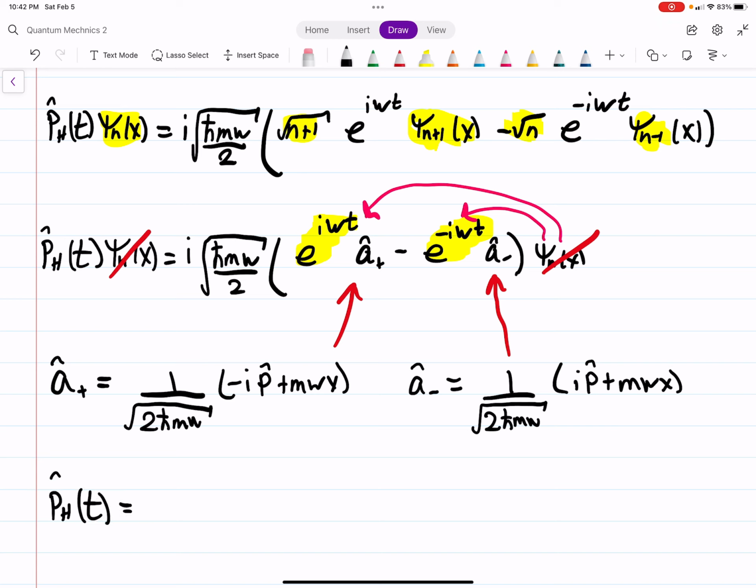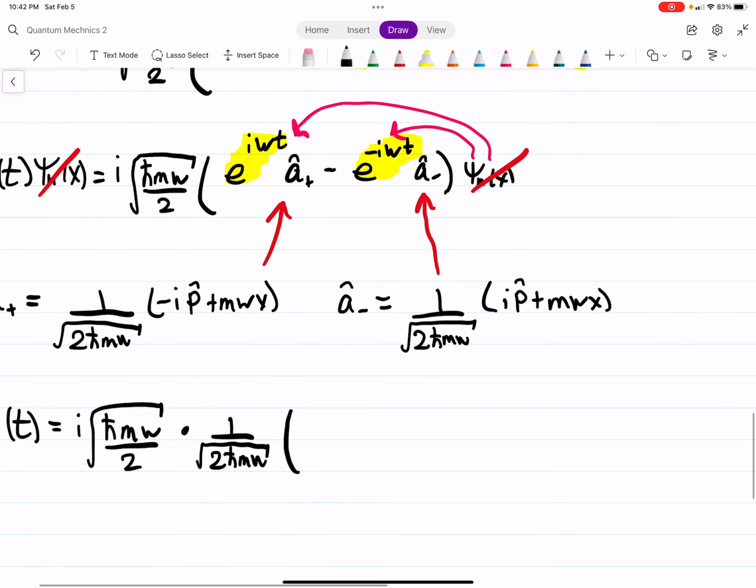Because this video is already probably getting a little long, I don't really want to skip the algebra per se, but essentially what you're going to do is you're going to get an i square root of h bar m omega over 2, times 1 over the square root of 2 h bar m omega. Okay, so that's just these common factors they all have.